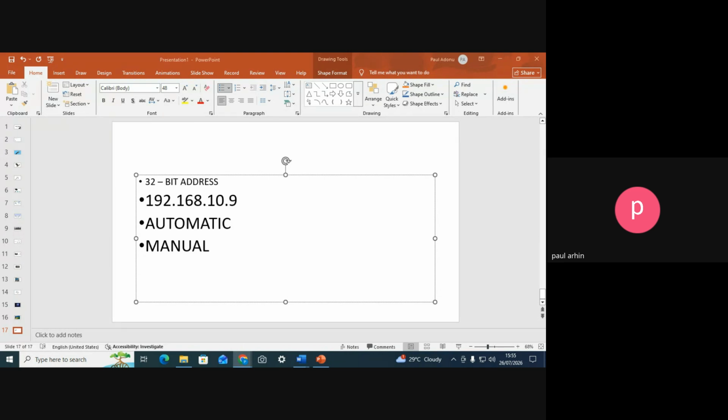That will be with me until I get off the Wi-Fi. Now, when I get off the Wi-Fi, that IP address will still remain in the server. Someone may come in maybe about 2 days or even 2 hours later on to join the Wi-Fi, and that same IP address can possibly be given to that person.